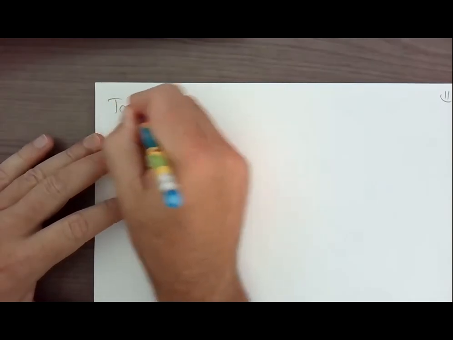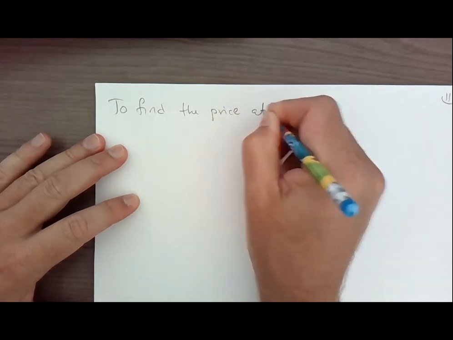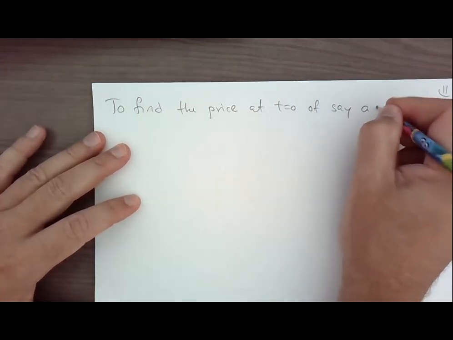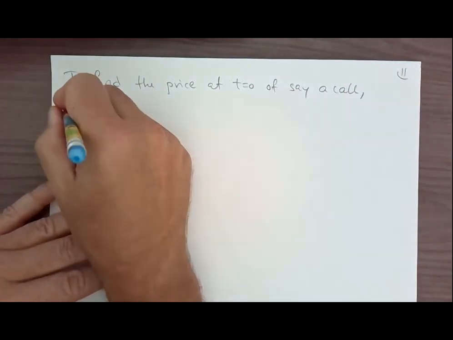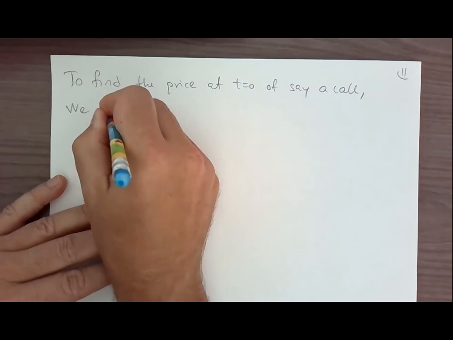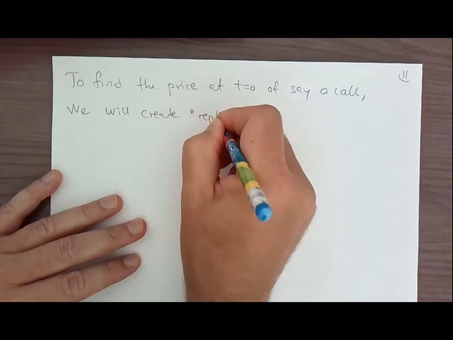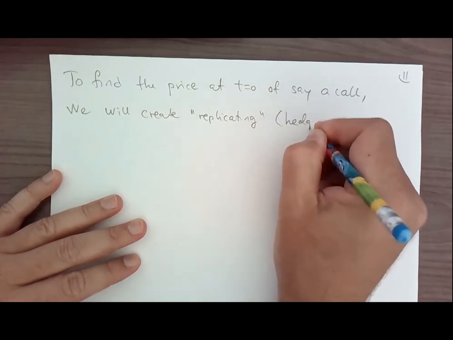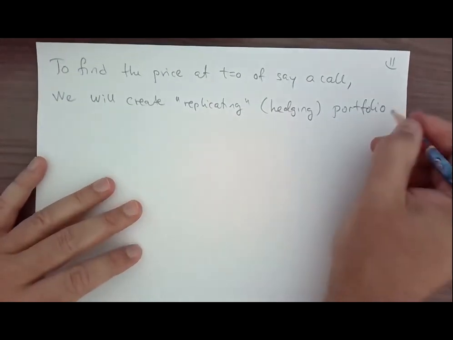To find the value at time 0 of, say, a call, we're going to create what's called the replicating portfolio. This is also sometimes called the hedging portfolio. So what does that mean?